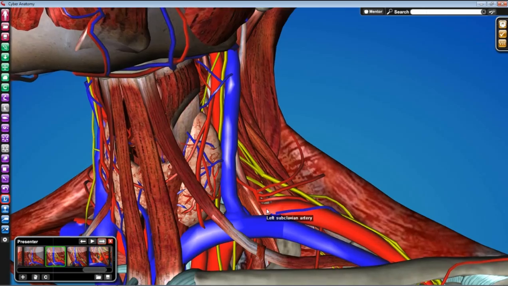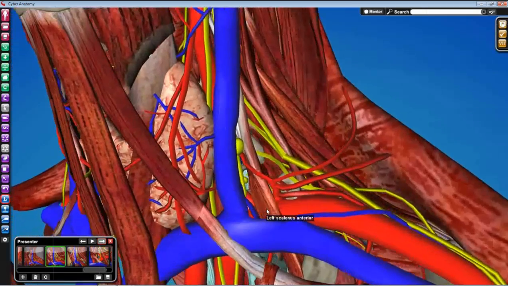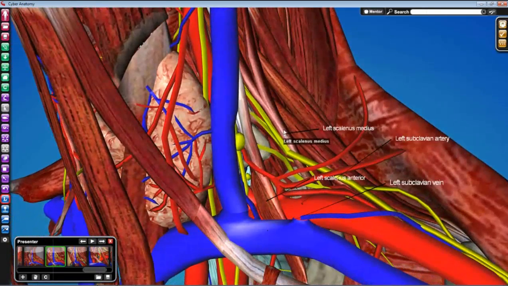And now that you're in this space, you'll also be able to see the middle scalene and anterior scalene, and the space between them is this so-called interscalene triangle. This is where the subclavian artery and the brachial plexus runs. So you'll be able to see the beginning of the brachial plexus at the trunk levels clear up in this space.